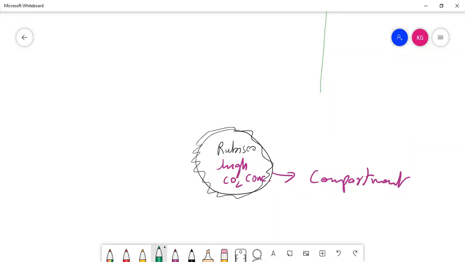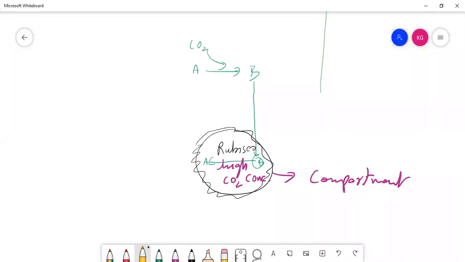See, I said there is compound A. CO2 comes, this is converted to B. This B comes inside the compartment. B comes here, B is again converted to A.